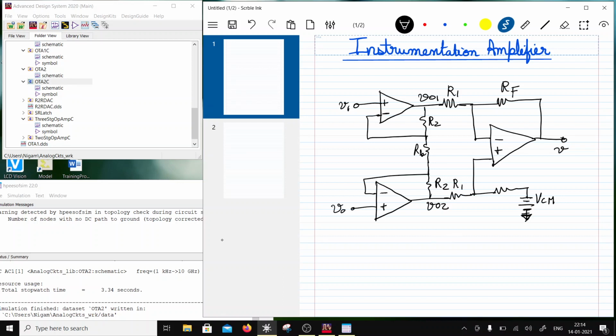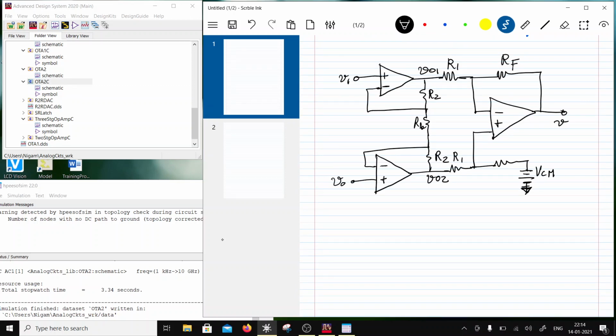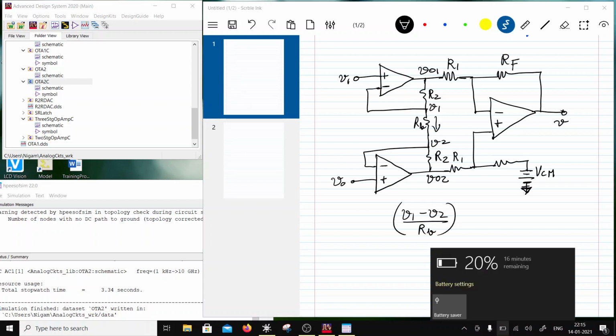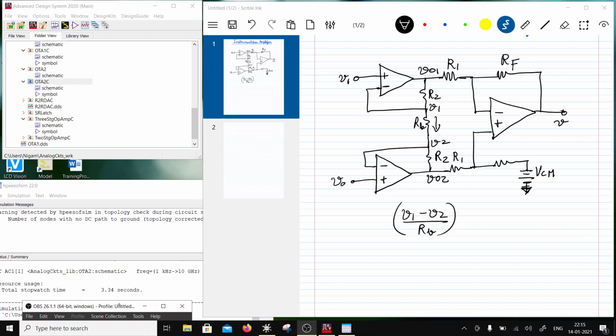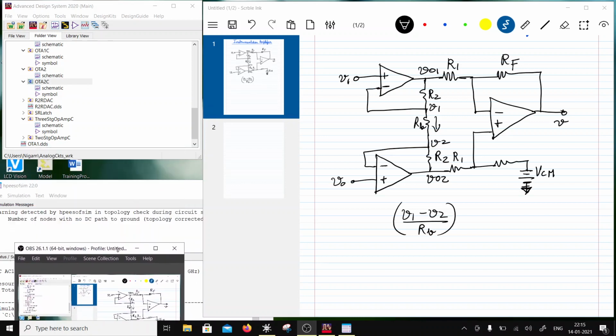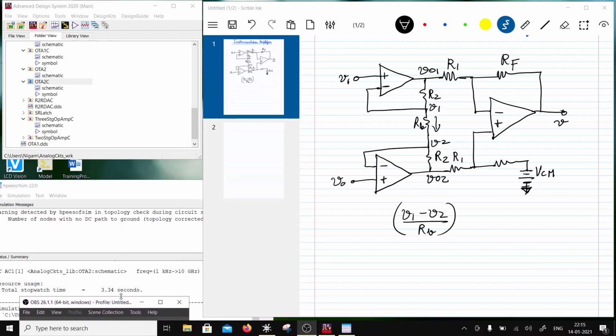And let's simply define the gain. So this one would be V1, right? And this one will be V2. So the current in this RB is going to be V1 minus V2 by RB, correct? So this is the current. Now this current is flowing out of this node, so this is going to be positive, right? So this would be the current through RB, right?